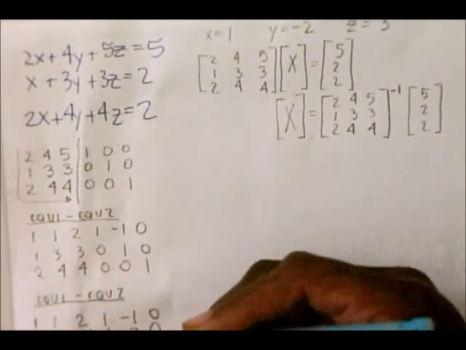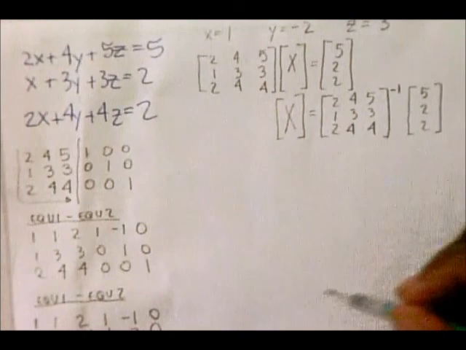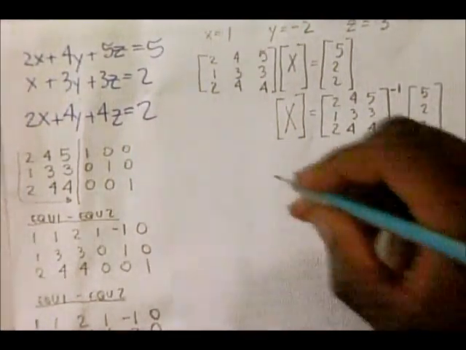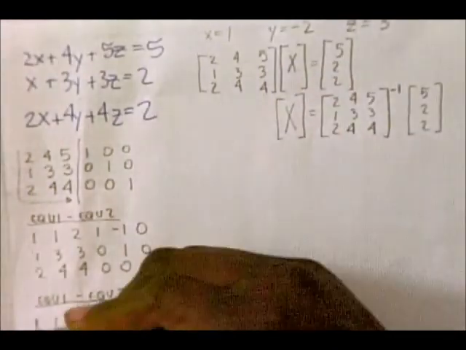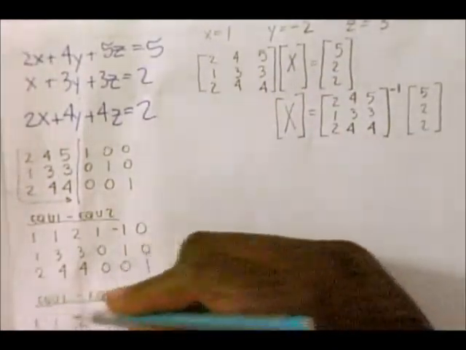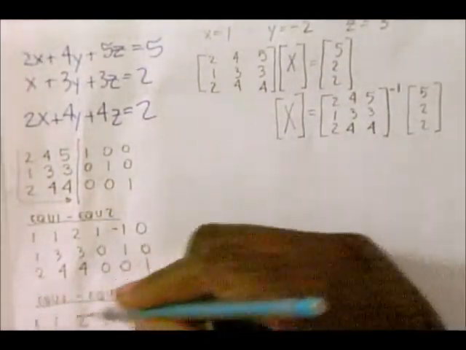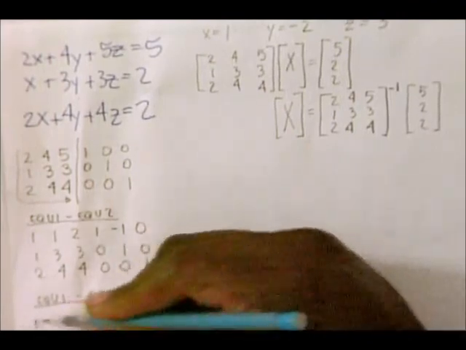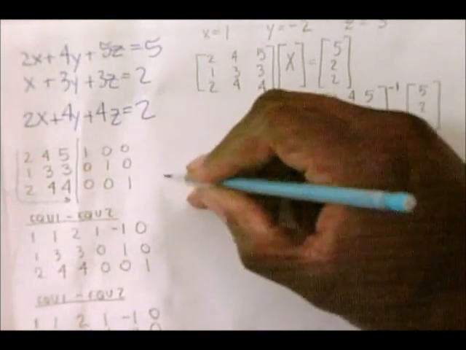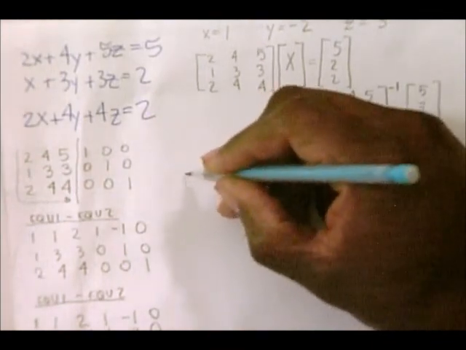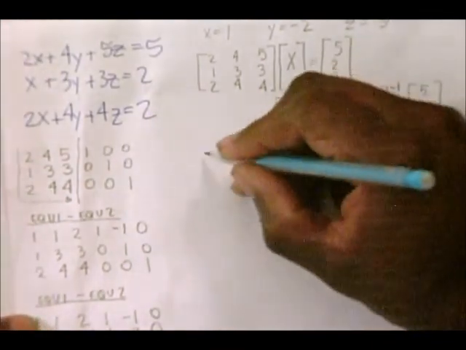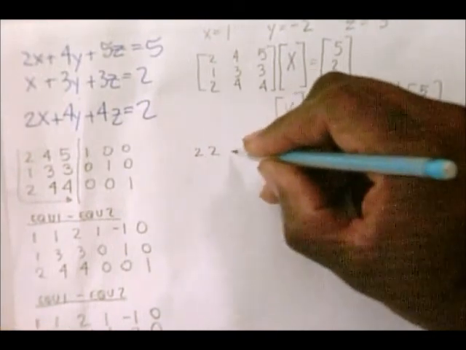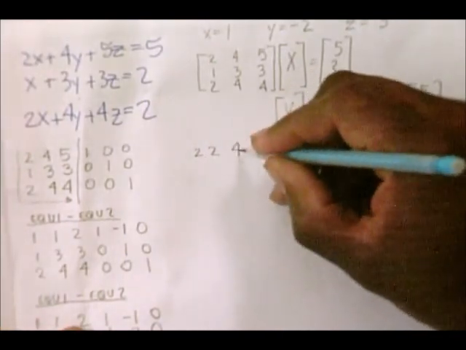All right, so let's go through this process. Let's go off to the side and make some calculations here. So we've got 2 times equation 1. I'm going to multiply this top row by, when I say equation 1, I really meant the top row. So 2 times this top row would give us 2. 2 times 1 is 2. 2 times 2 is 4.